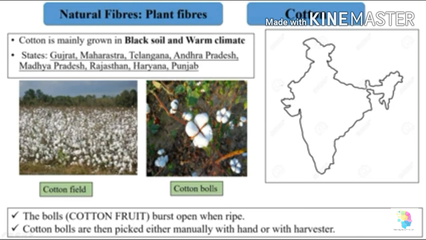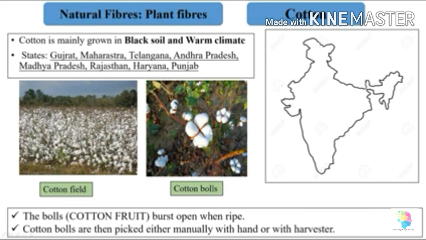Cotton requires a warm to hot climate with many sunny days. The plant grows best in black soil, rich in nitrogen, potassium, phosphorus and certain other nutrients.